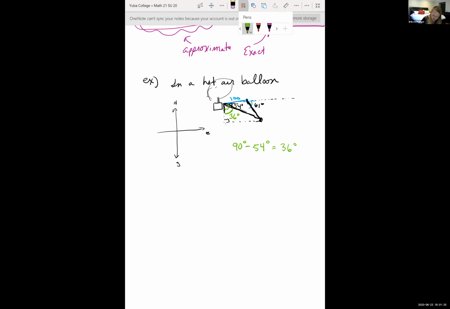Let's form another triangle in here. Okay, so we don't know how far this is, and we're trying to figure out what this is.